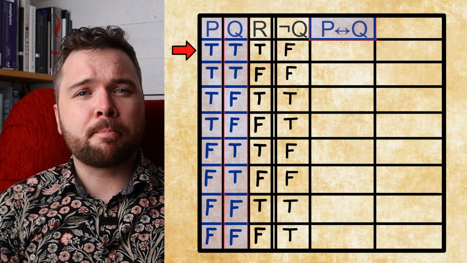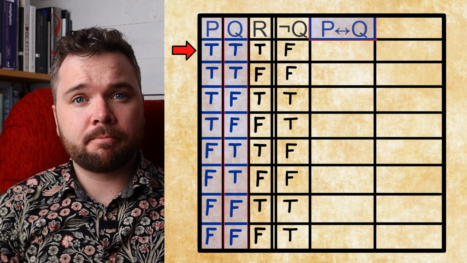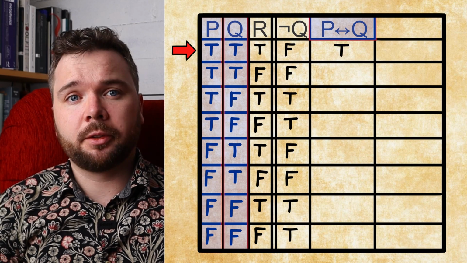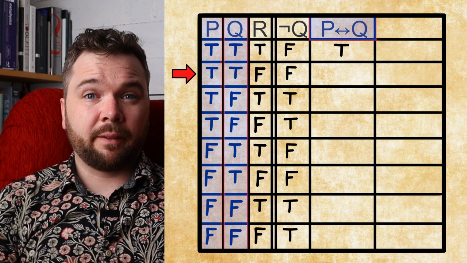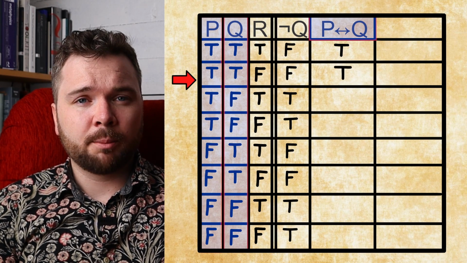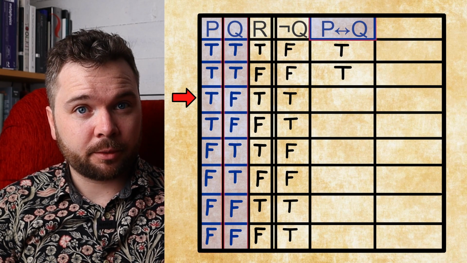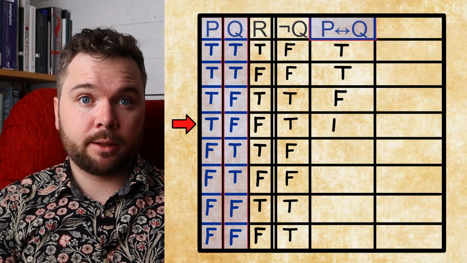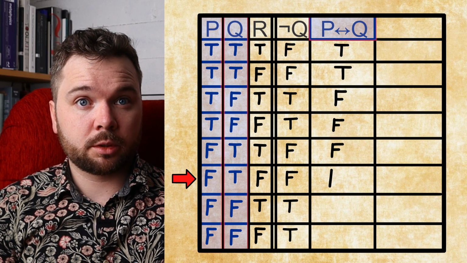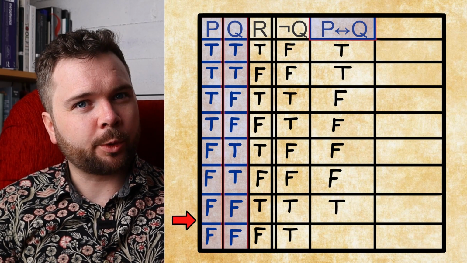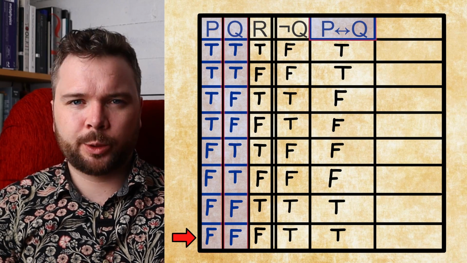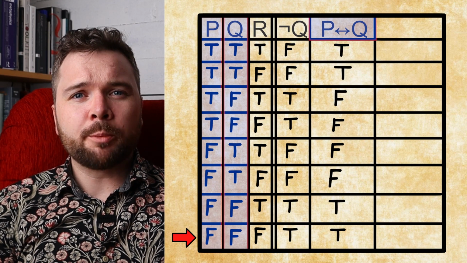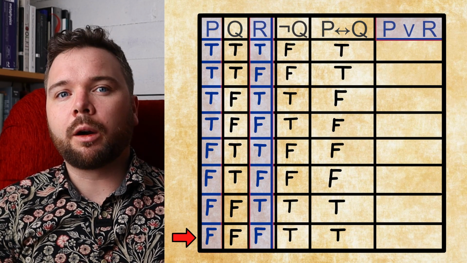So here we see that P and Q have the same, hence the biconditional is true. And then here, true as well. But then, here they differ. So false, then false, false, false, true, right? And lastly, true. Cool.